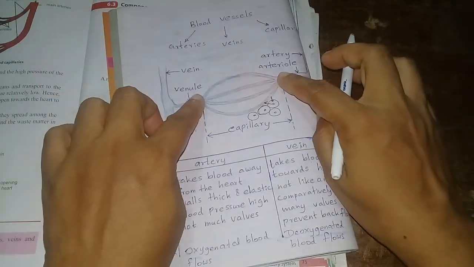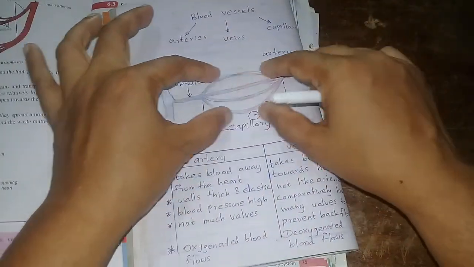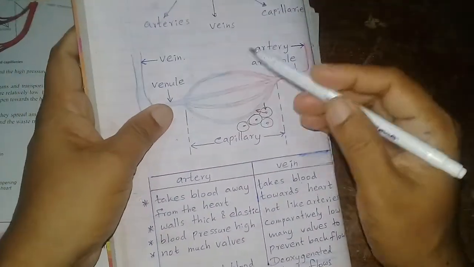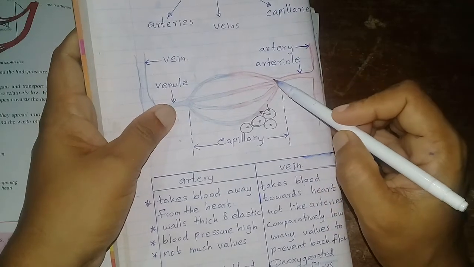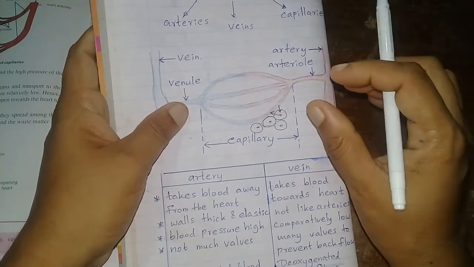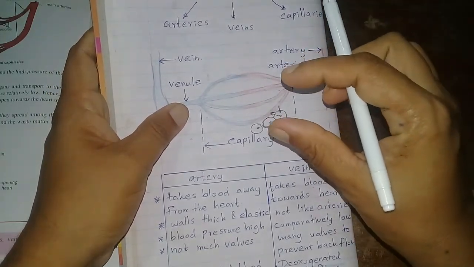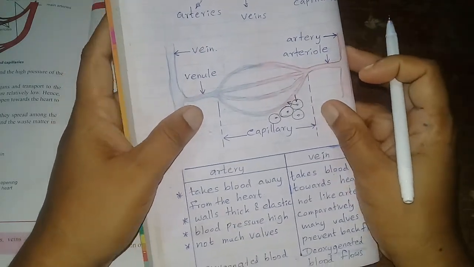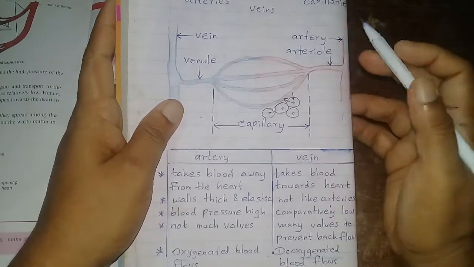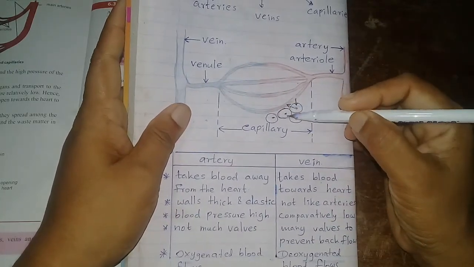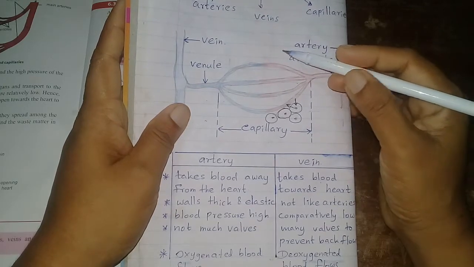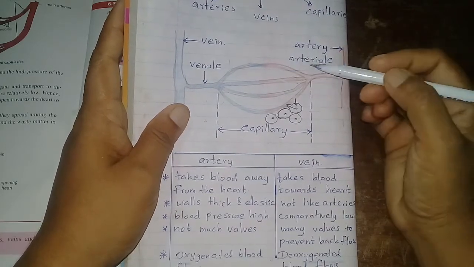From here to here, this is the capillary stage, right? Then what happens? The thickness of the wall is very low. Very low means the thickness is only one cell layer, right? The wall has one cell layer. Because of that, things can exchange very well from inside to outside and from outside to inside, right?